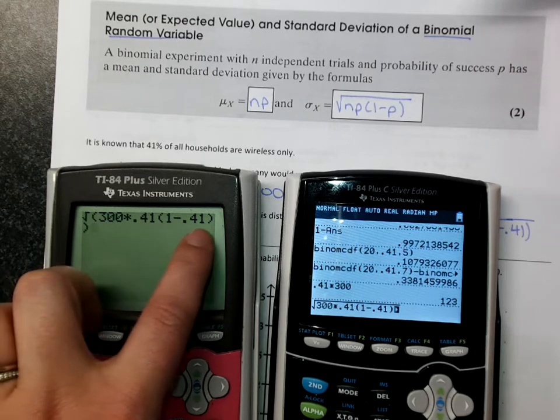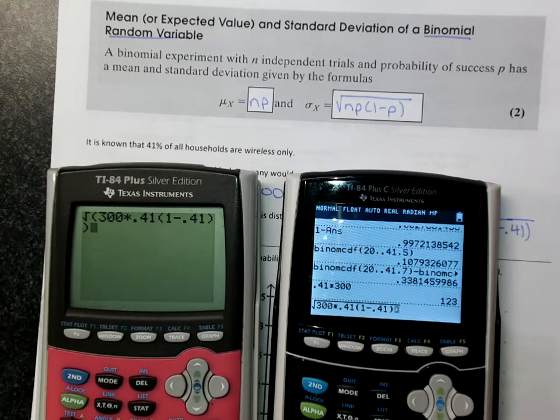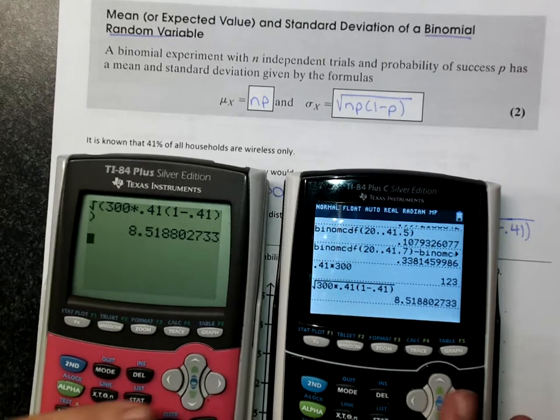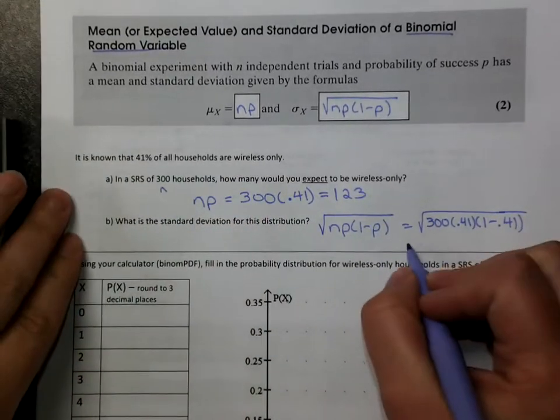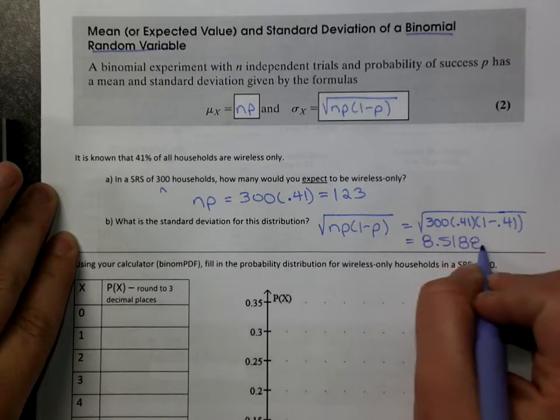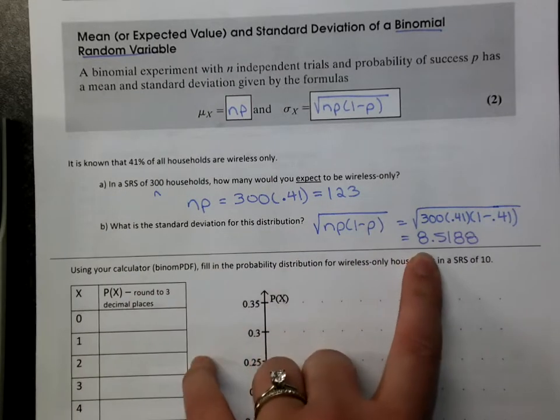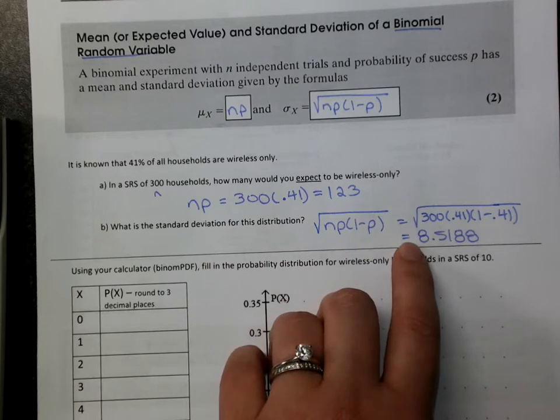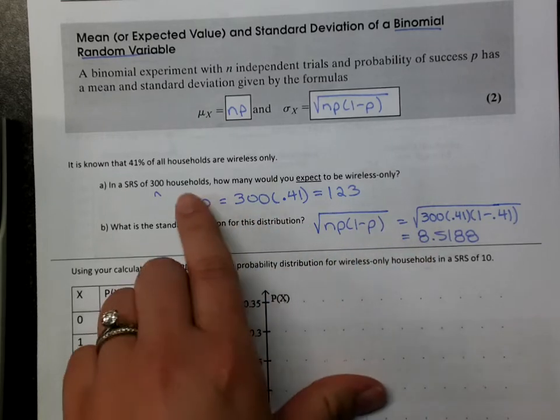That's the part that has to be in parentheses. And then you'll close the parentheses. Either way, you should get the same number, 8.5188. So mean and standard deviation can be used, which we'll use a little bit later, to make predictions if you have the mean and the standard deviation for a given sample size.